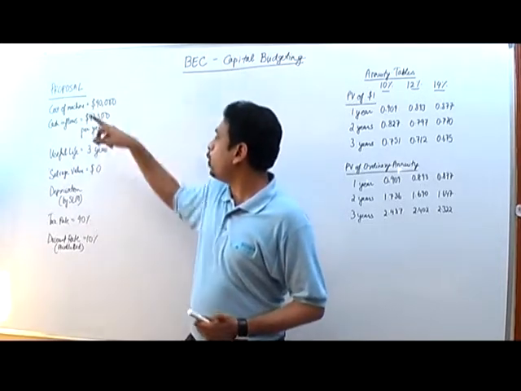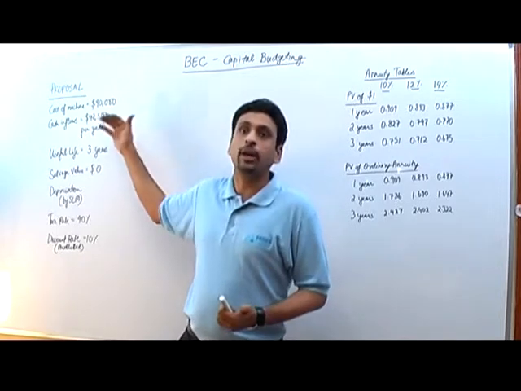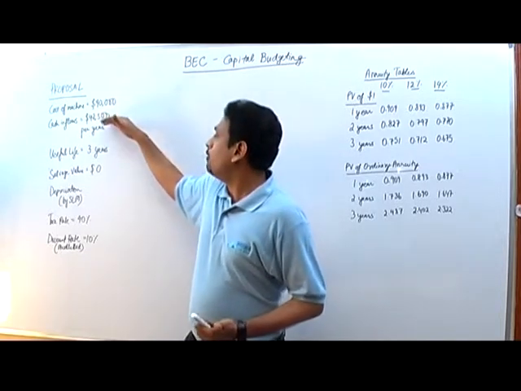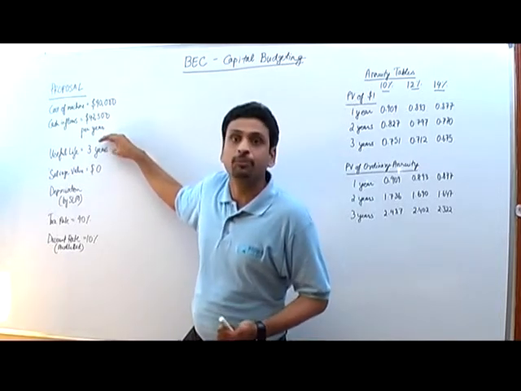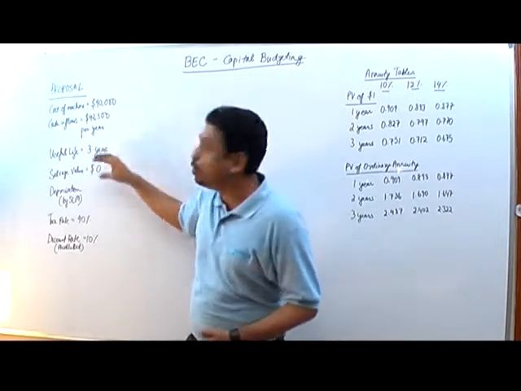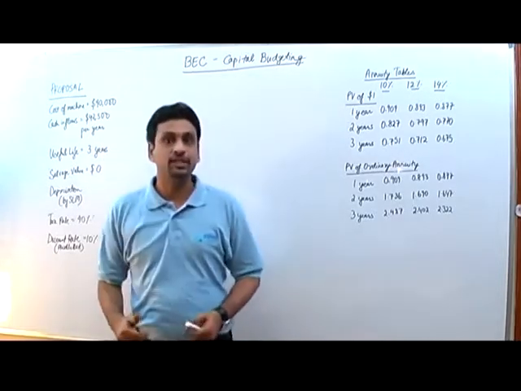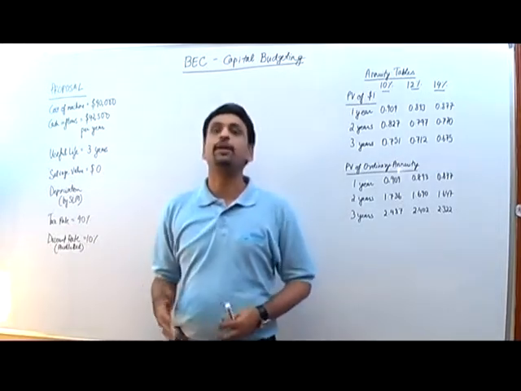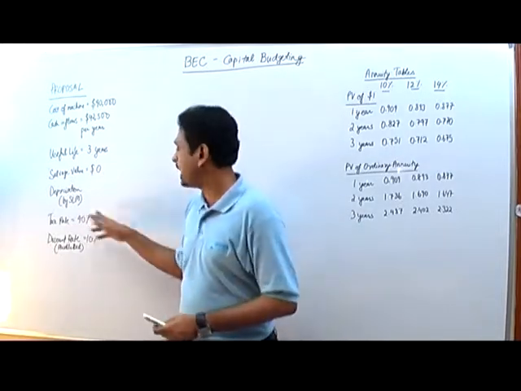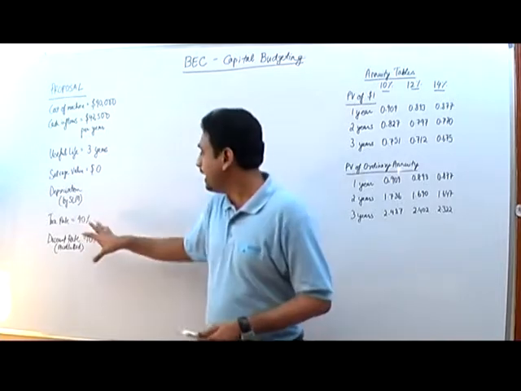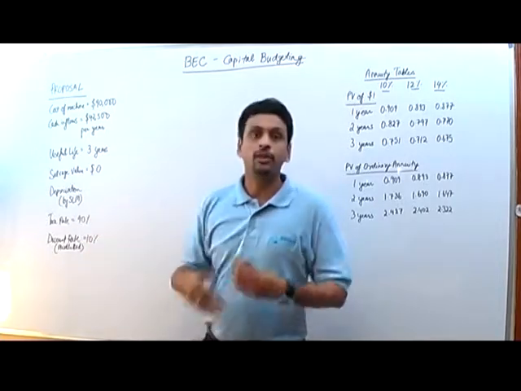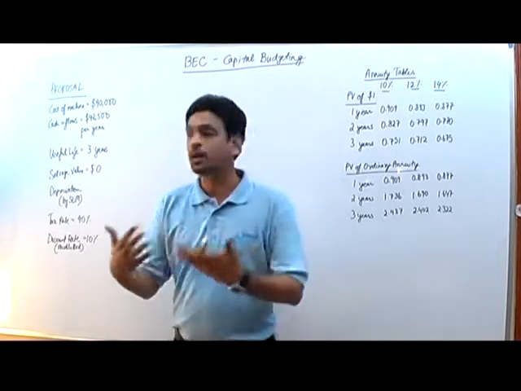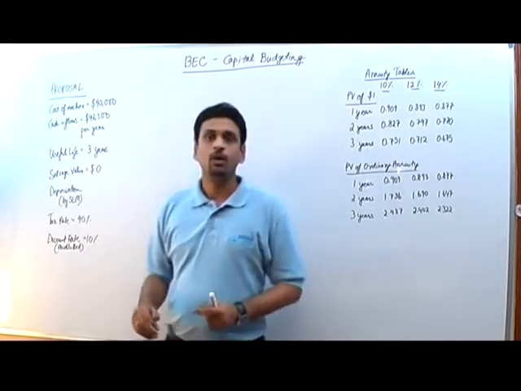Here we have $42,500 flowing in per year for the useful life of 3 years. Please note that there is no salvage value at the end of the machine's life. The depreciation in this proposal is to be calculated on a straight line basis. Tax rate is 40% and the rate of return or the discount rate, also called the hurdle rate, is 10%.